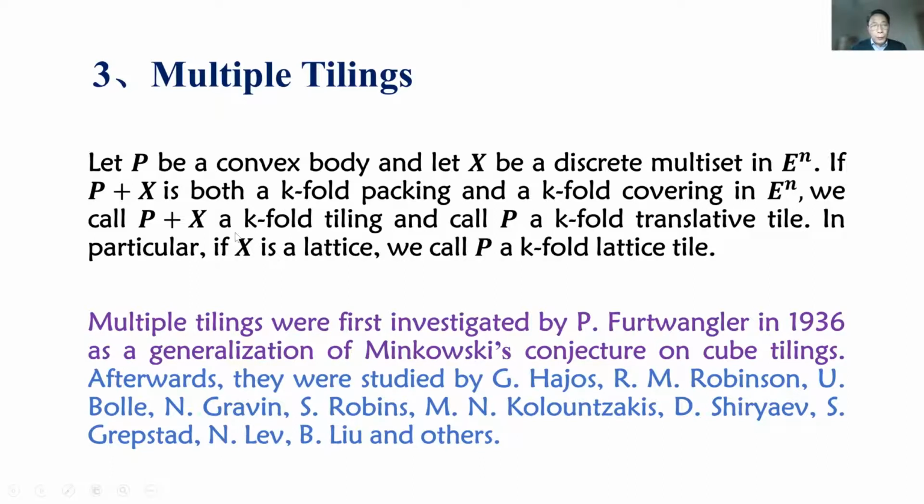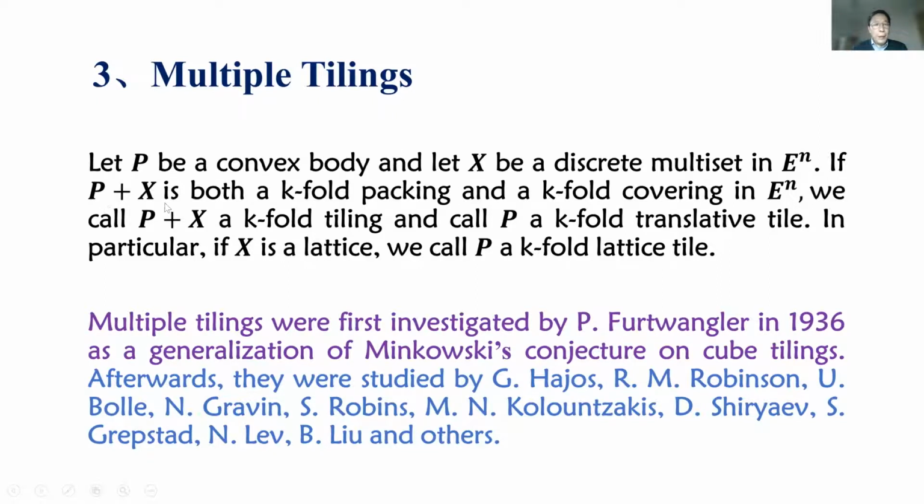Then we turn to the multiple tiling. Let P be a convex body and X be a discrete multiset. This means points can be repeated in the n-dimensional Euclidean space.